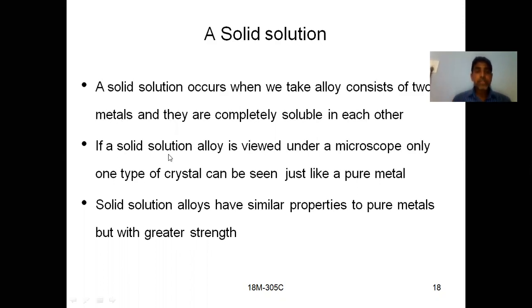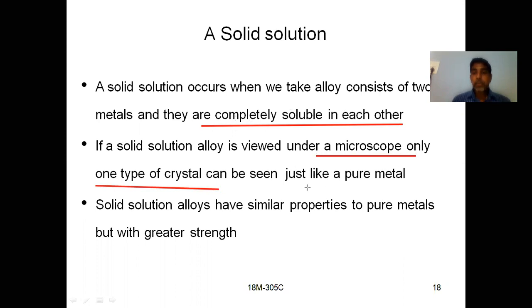If a solid solution alloy is viewed under a microscope, how will it look? It will look like a single crystal, one type of crystal, like a pure metal. Whatever the pure metal you see, it will look the same under the microscope.